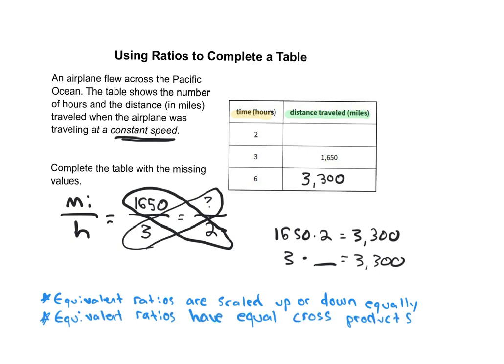So we can use our knowledge of fact families here and say that an equivalent expression to this would be 3,300 divided by 3 will give us our unknown, that question mark. When we do that calculation, we end up with 1,100, which means that in 2 hours we were able to travel 1,100 miles. All right, go ahead and try your own example.